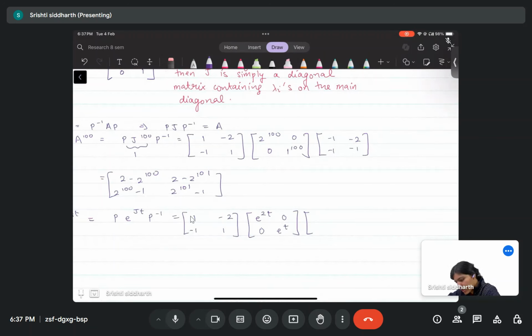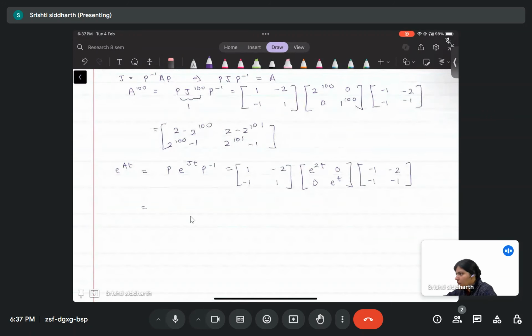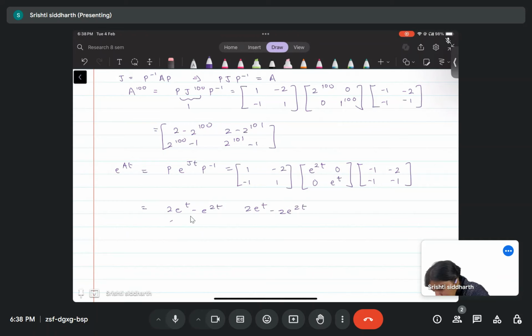So this is minus 1, minus 1. So I'll write down the answer directly. This is 2 e to the power t minus e to the power 2t, e to the power 2t minus e to the power t.